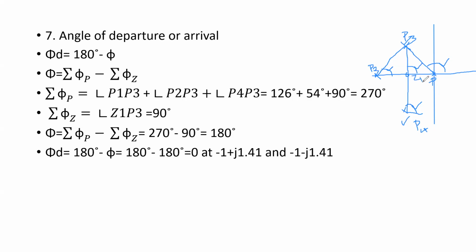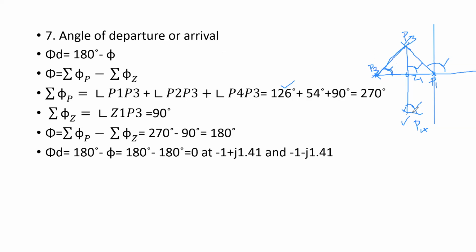The angle made when you join P1 and P3 is 126. The angle made between P2 and P3, when you join this line, is nothing but 54.